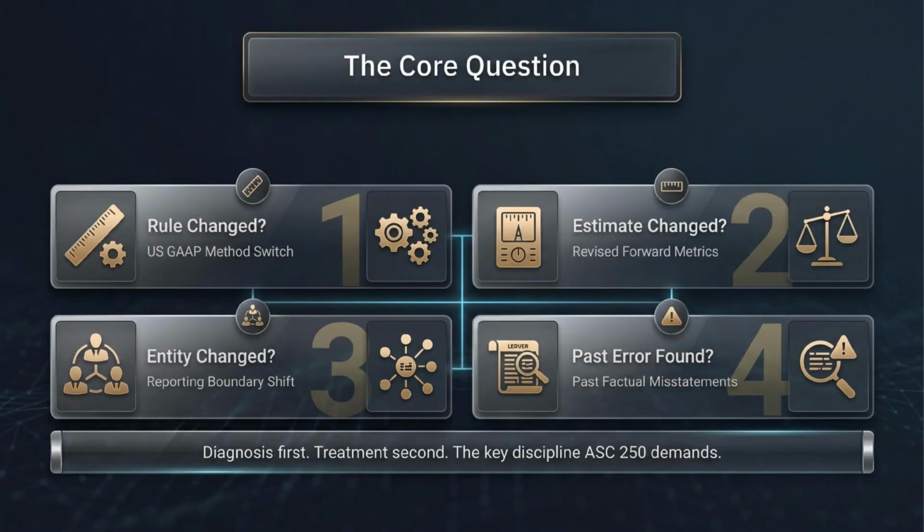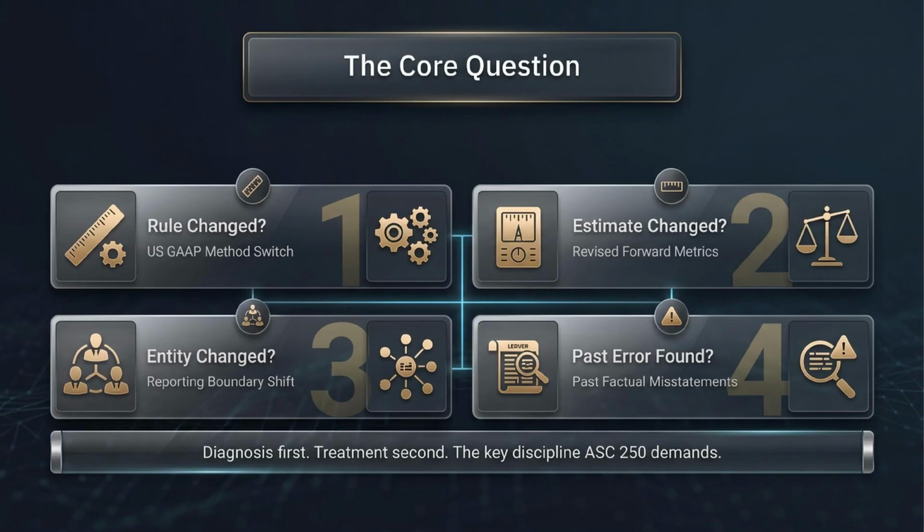Before we choose the treatment, we ask the core question: what exactly changed? This is where many mistakes begin. Students sometimes jump directly to retrospective or prospective without diagnosing the event. In practice, that is like prescribing medicine before knowing the illness.